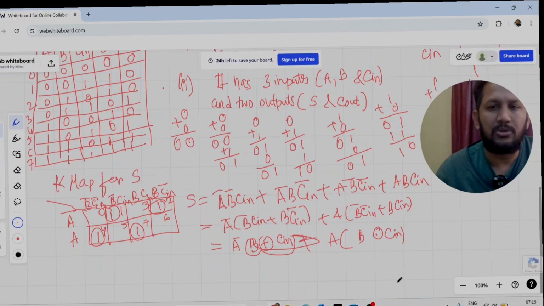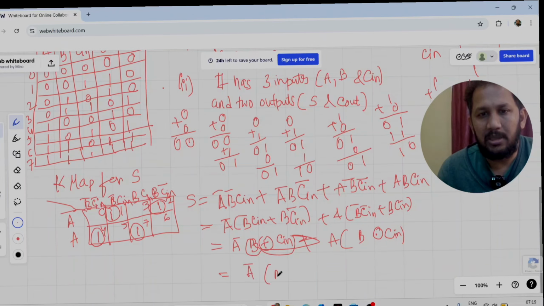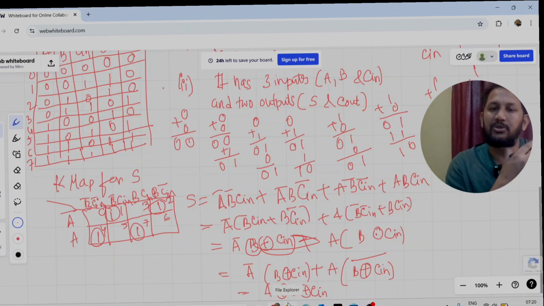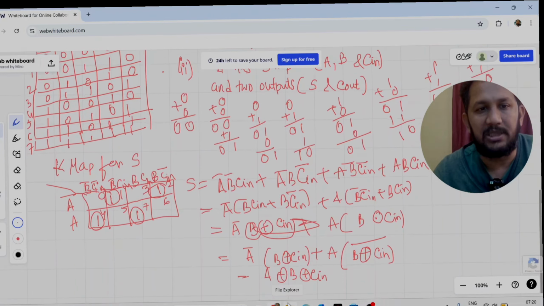We know the XNOR is a complement of XOR. That means A bar times B XOR C in plus A times the complement of B XOR C in. Now it is again a combination of XOR, that is A XOR B XOR C. So these are the three XOR combination of A, B and C.